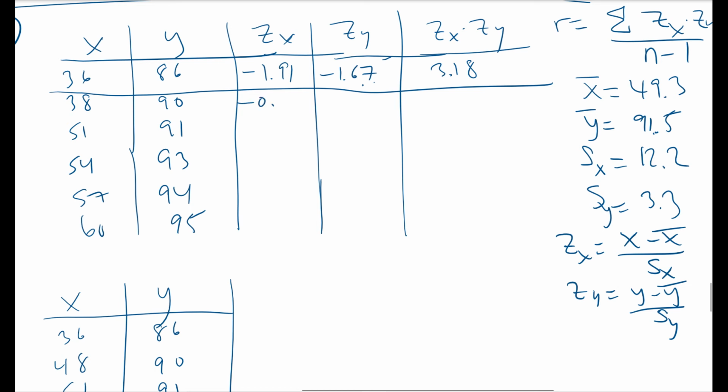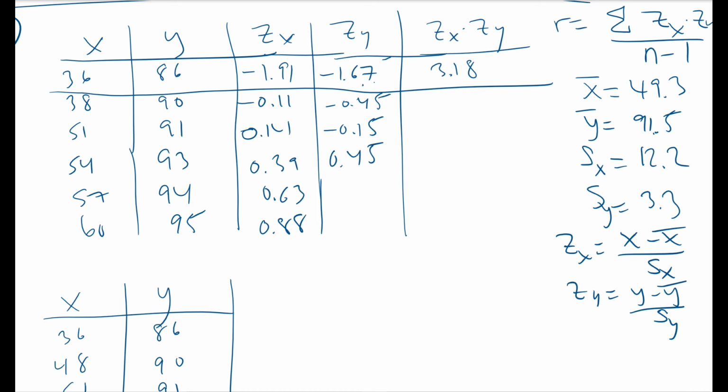So negative 0.11, 0.14, 0.39, 0.63, 0.88. For the zy's, negative 0.45, negative 0.15, 0.45, 0.76, 1.06.